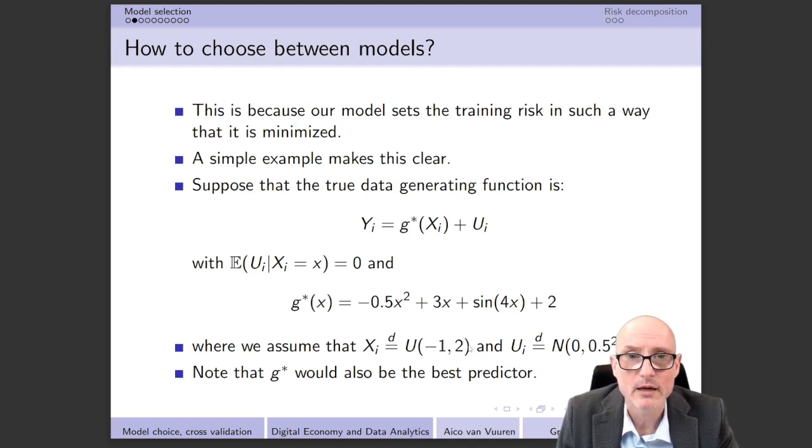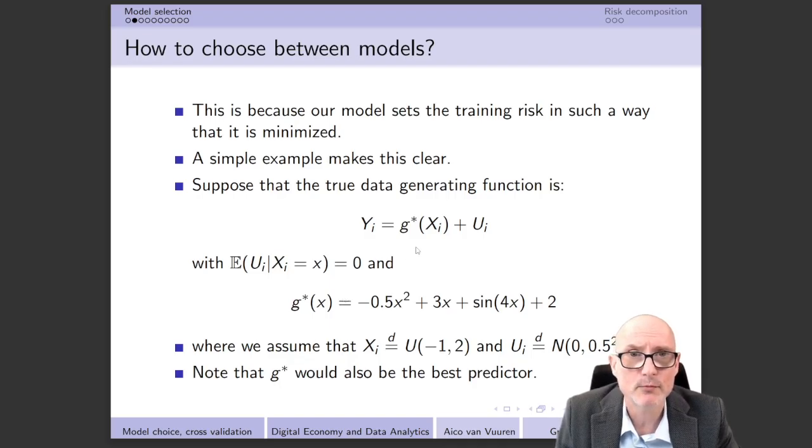In addition to that, based on this model, we can immediately conclude that the best predictor is this g star x that we have over here. And that's not because it's called g star x. Remember that I usually denote the best predictor by g star x. But in this particular case, we can immediately see that g star x is going to be our best predictor.